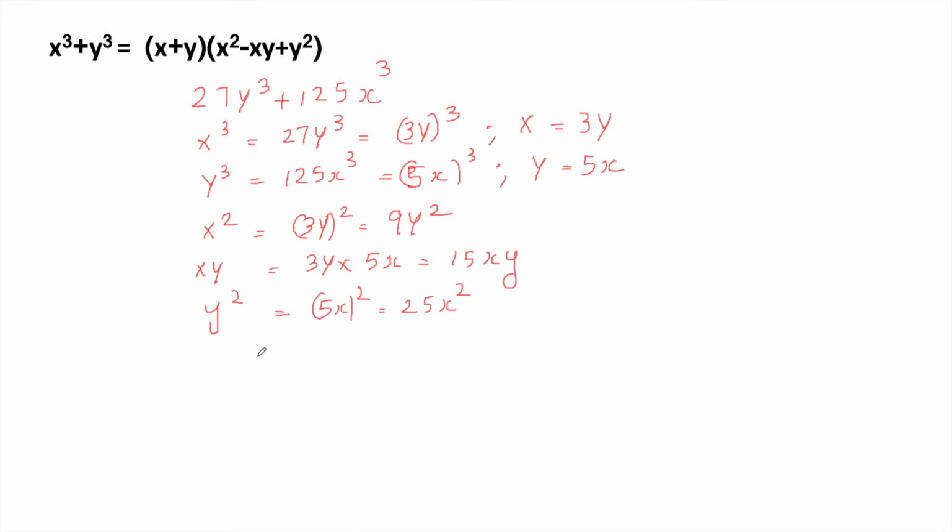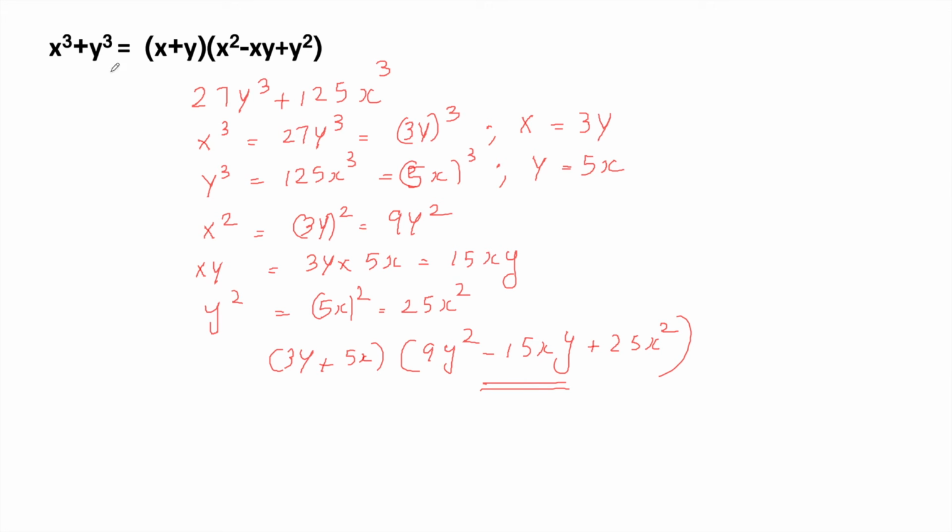What is x plus y? X is 3y, y is 5x, into, what is x square here? 9y square. What is xy here? Minus 15xy. What is the y square here? Plus 25x square. This is the answer.